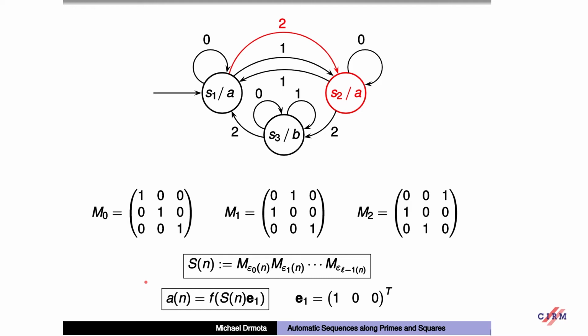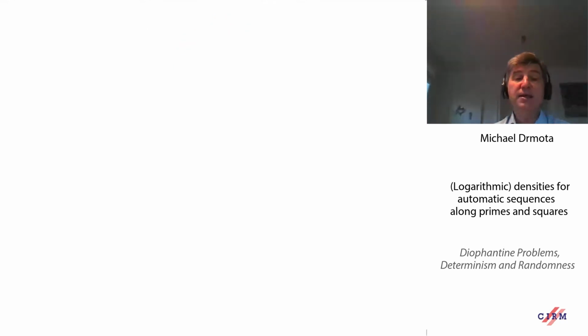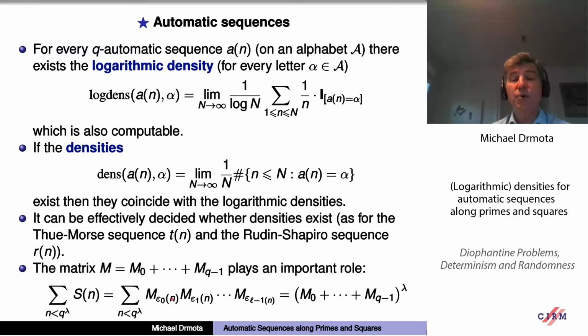So actually the name automatic sequence comes from this interpretation of a finite automaton, which is a notion from computer science. These automatic sequences have many properties.